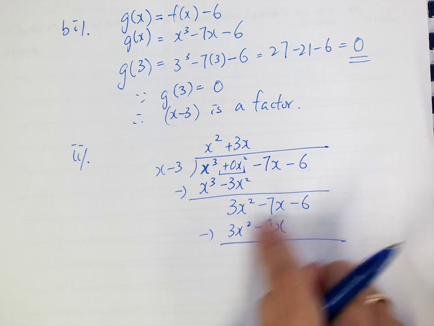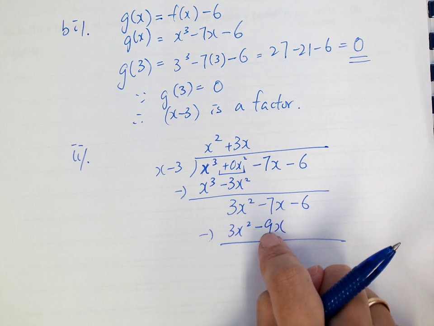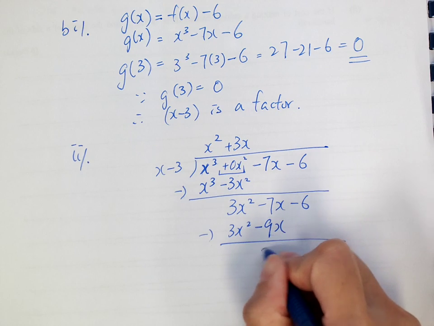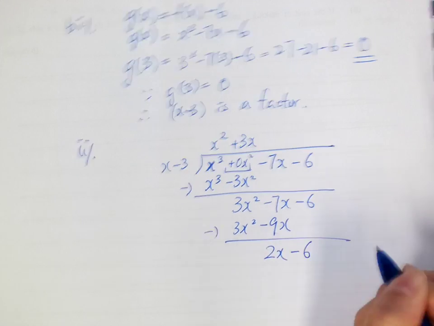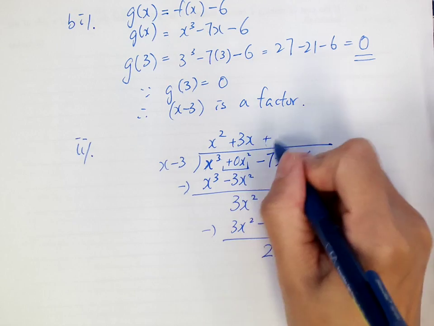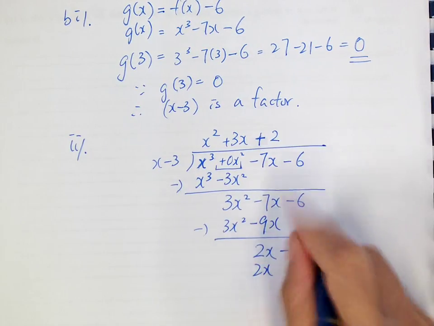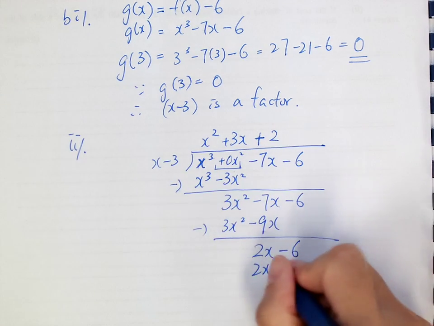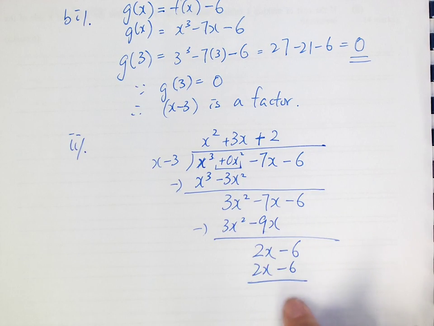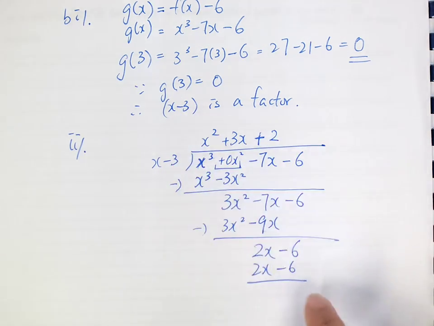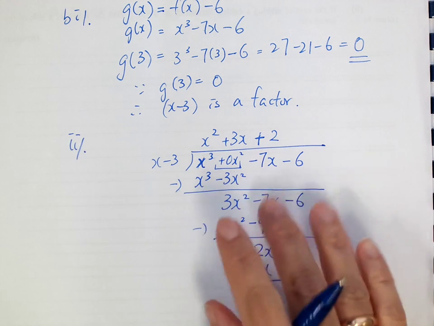Negative 7 minus negative 9, that means negative 7 plus 9. So I will have 2x minus 6. Okay, now the last one. 2 times x is 2x. 2 times negative 3 is negative 6. See that? My remainder is 0, which makes sense because x minus 3 is supposed to be a factor. If you find a non-zero remainder, that means you have done something wrong in the process.